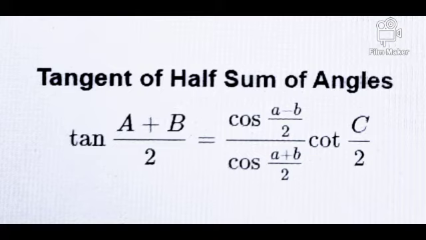If you are considering angles A and B, the third angle is angle capital C. Again, the angles and the sides are taken in the same order.